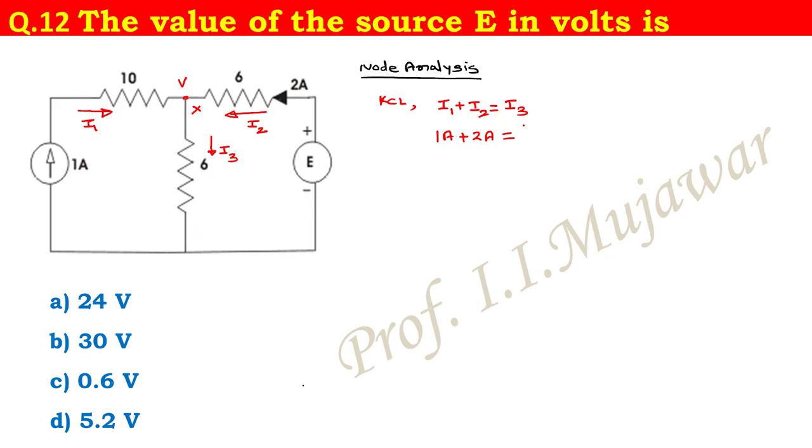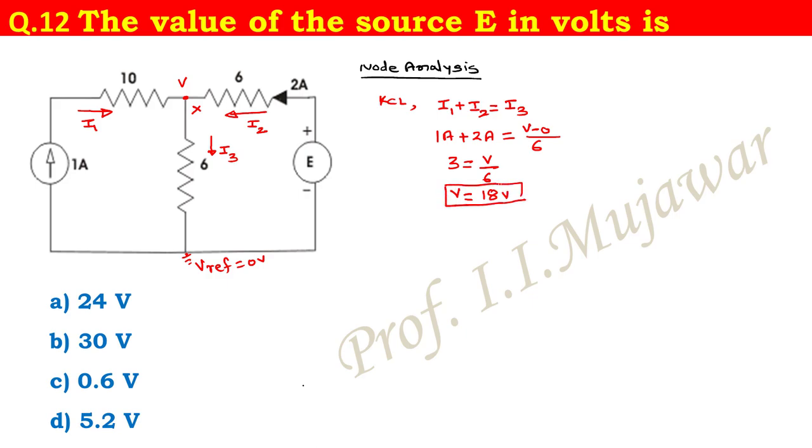So the potential difference is V minus 0, because this potential is a reference potential of 0 volt. So this is (V minus 0) divided by 6. Okay, that means your equation is 3 is equal to V by 6, or V is equal to 18 volts.